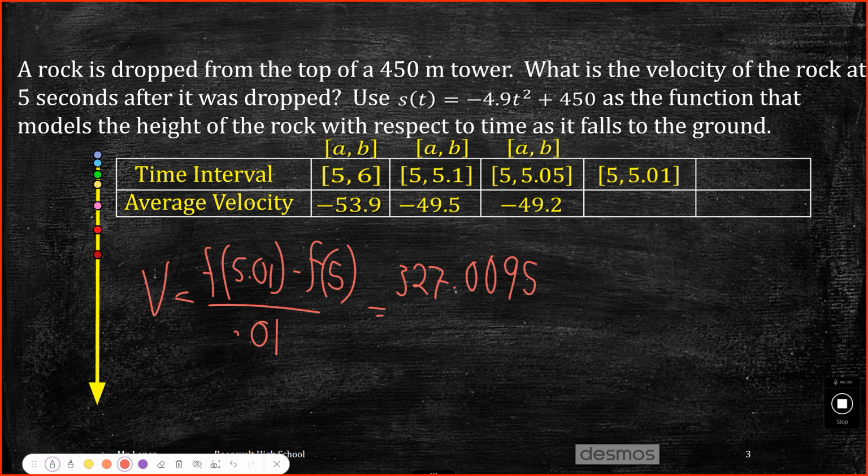I'm going to use all of these numbers, minus 327.5, over 0.01. All right. 327.0009 minus 327.5.